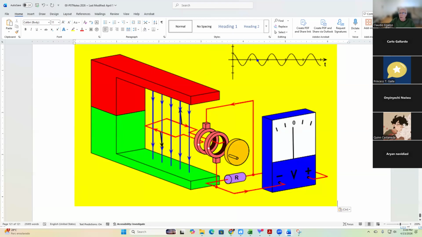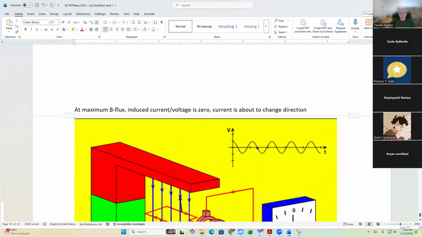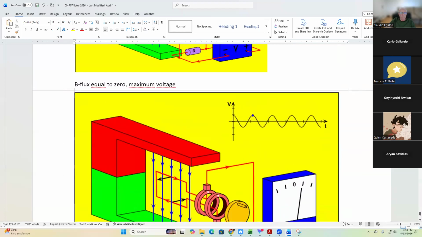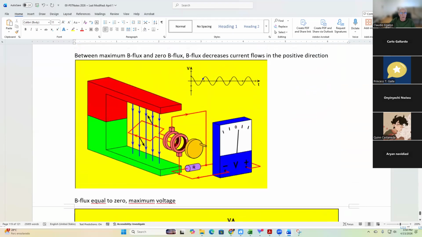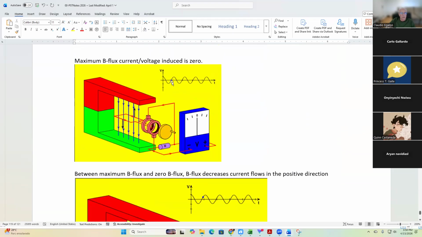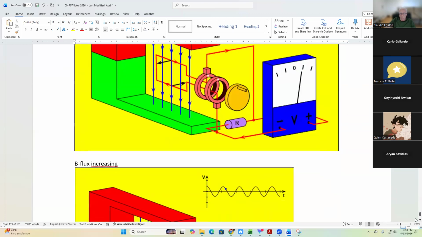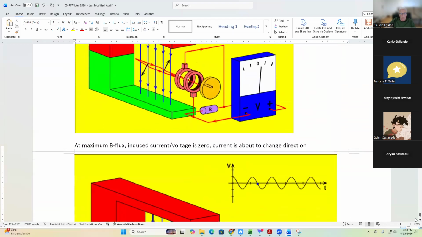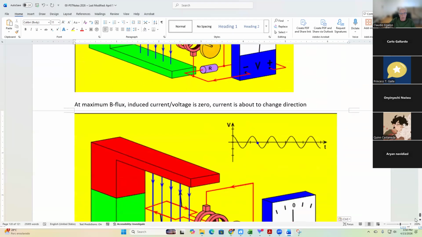So let's see. Do we have the full cycle yet? We started right here with the voltage increasing, right? Now we are right in here with the voltage increasing in the negative direction.